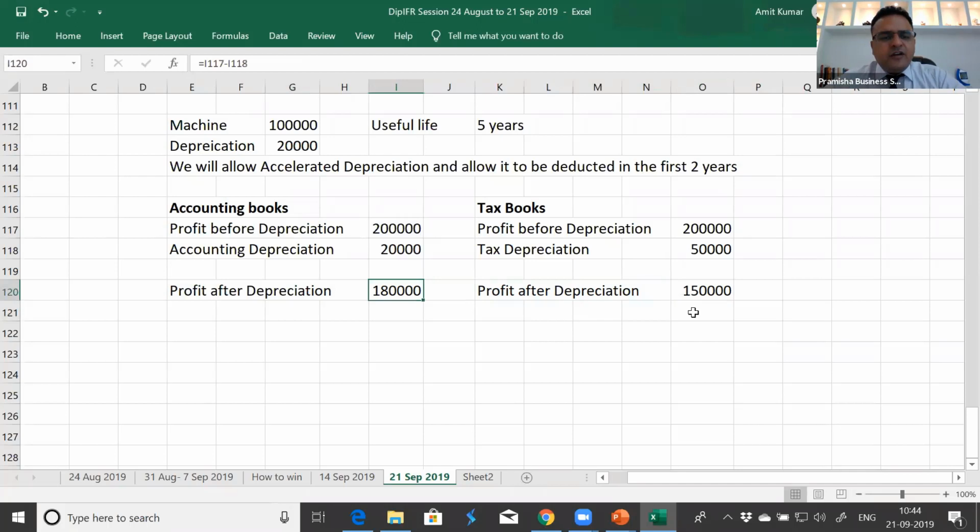But according to our accounting books, our tax expense this year, if the rate of tax is 30%, will be 54,000. The tax payable according to tax authorities is 45,000.